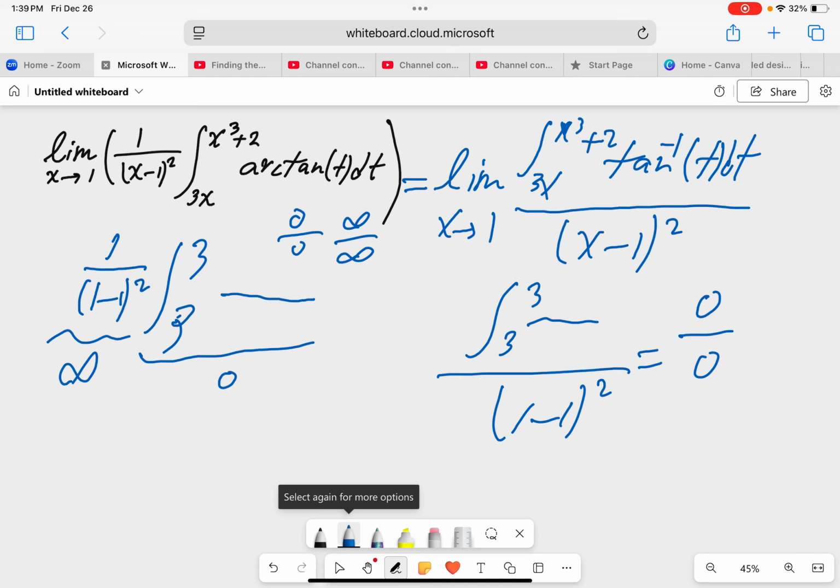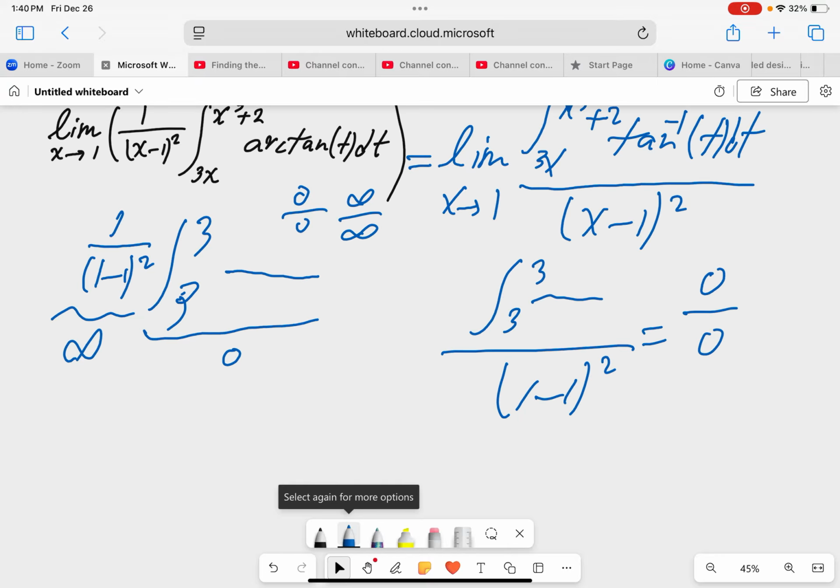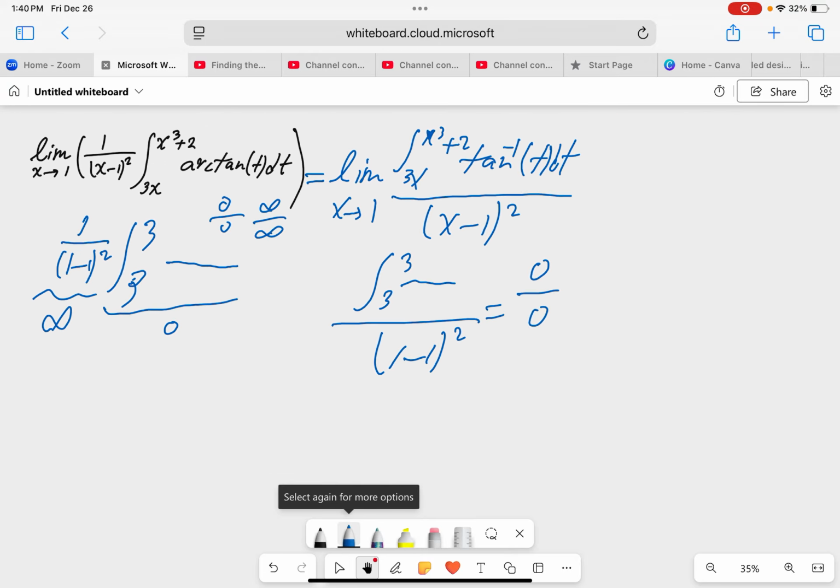And just a reminder, L'Hopital's rule says you take the derivative of the numerator and you take the derivative of the denominator, and then you plug in the value of x and you solve it. All right. So let's do this one here. Let me make it a little bit smaller.